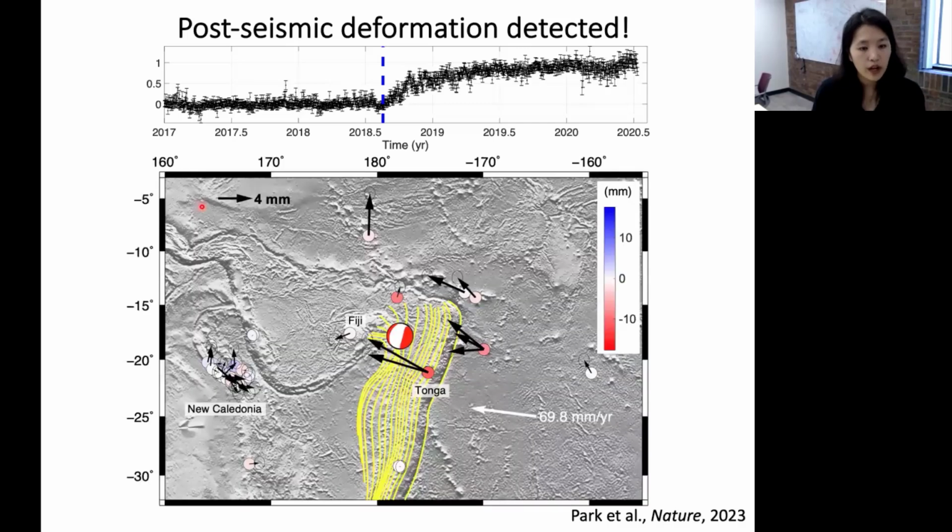Now, we can also look at how much of the signal is going on at each location of the GPS station. So you see a circle, each circle is a GPS station, and the color of the circle is showing you the vertical displacement, cumulative displacement, where red means subsidence, and blue means uplift.